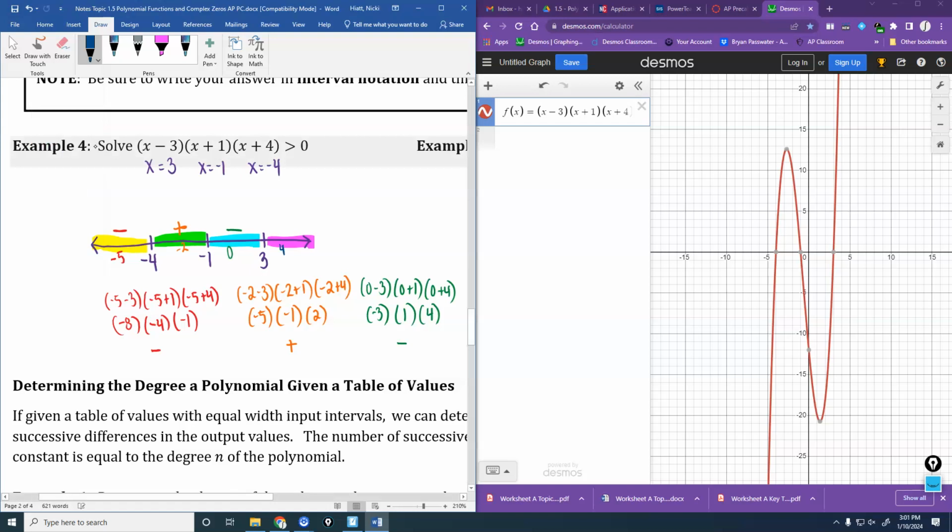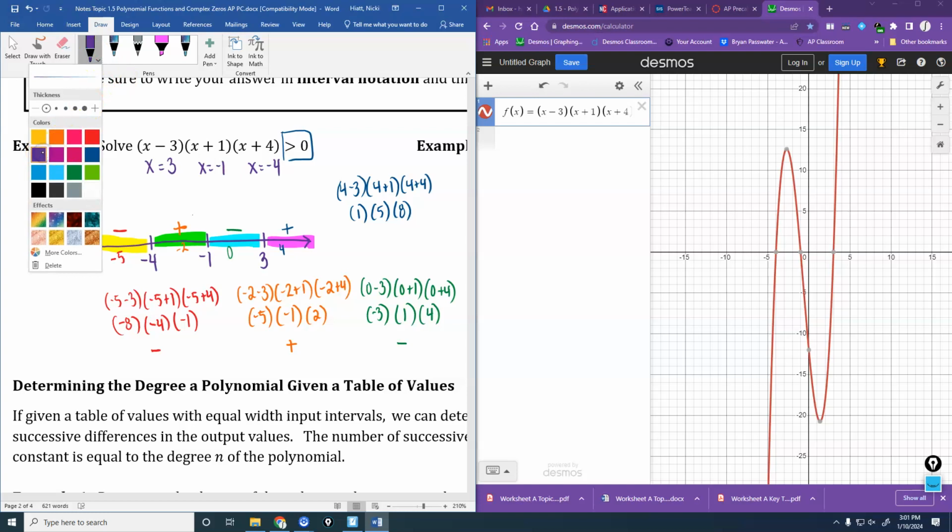If we check that, we'd be doing 4 minus 3 times 4 plus 1 times 4 plus 4, and that is 1 times 5 times 8. All positive numbers being multiplied together, we're going to get a positive right here. Now, if we look at our original inequality, we're looking for where this is greater than 0. Greater than 0 is going to be our positive sections right here.